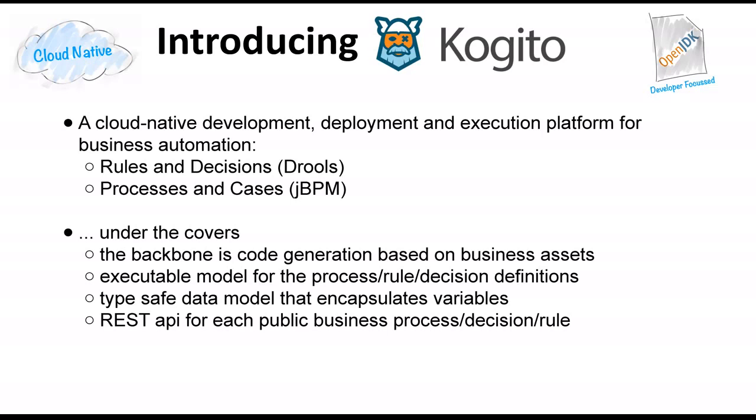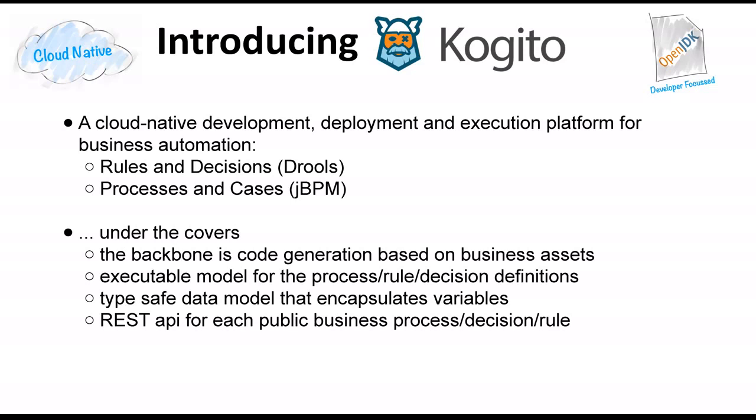What we want to offer is a comprehensive business automation suite that can run on OpenShift, that is cloud ready, that offers automatic integration based also on automatically generated REST API to fully integrate a web application with a decision server or a workflow engine.